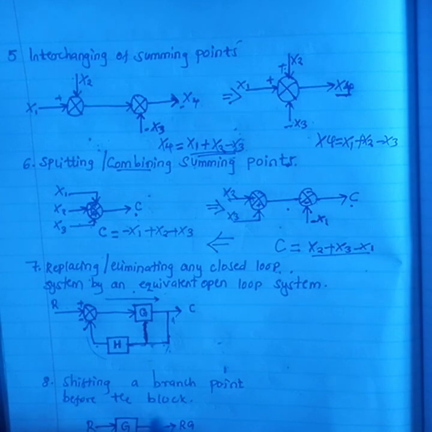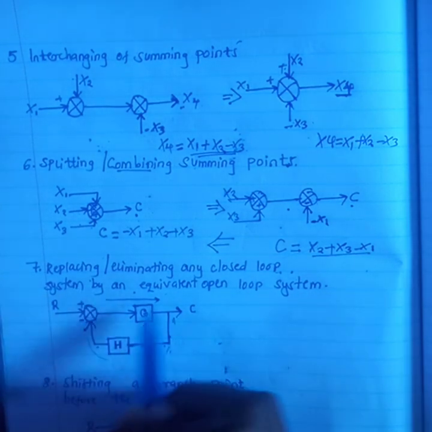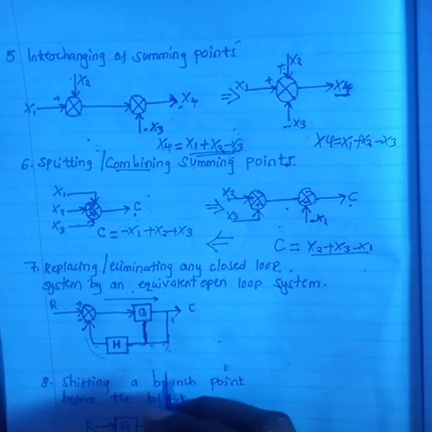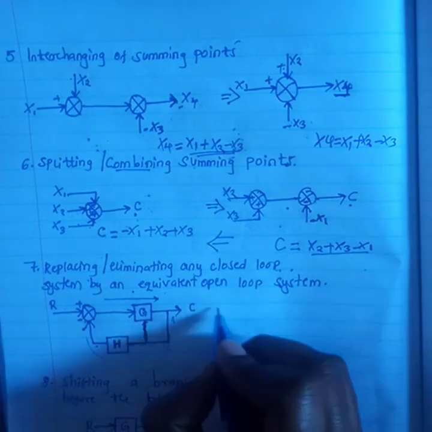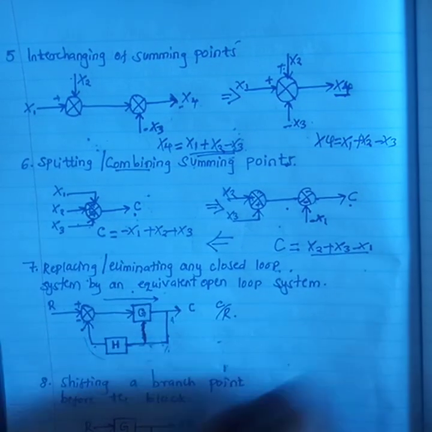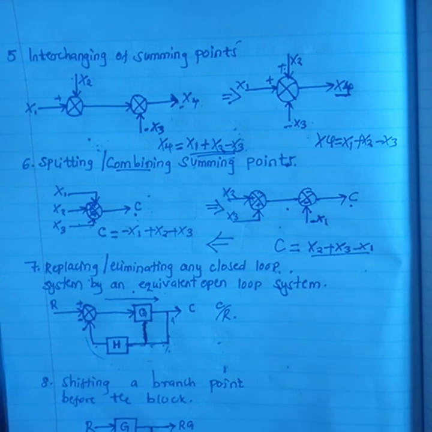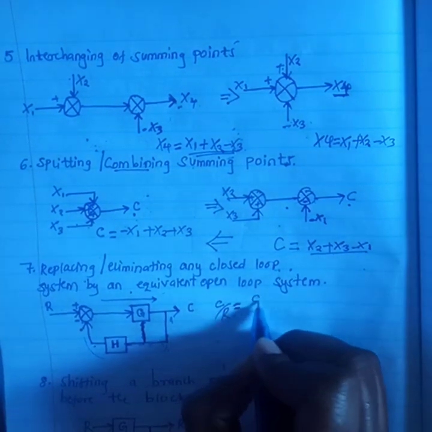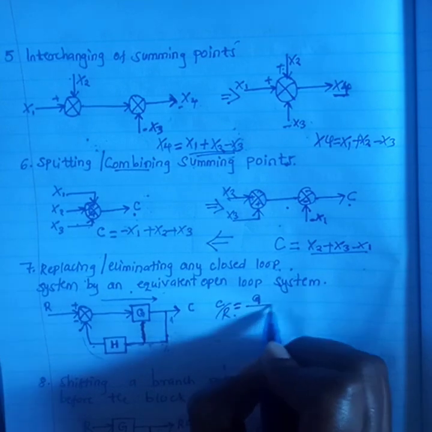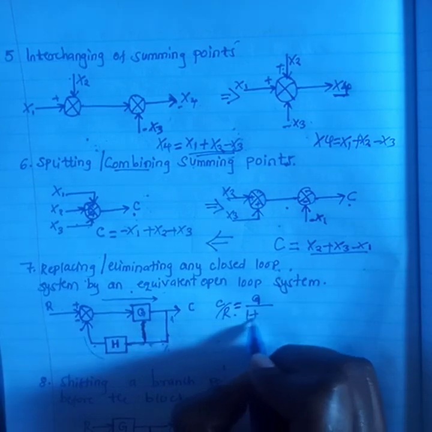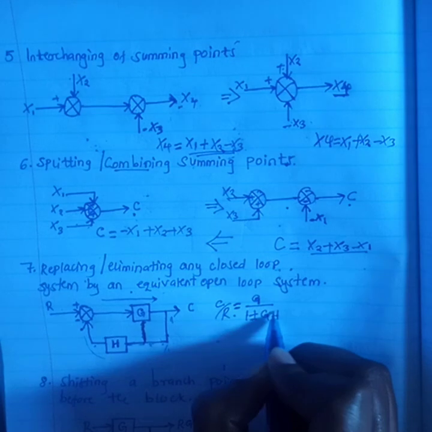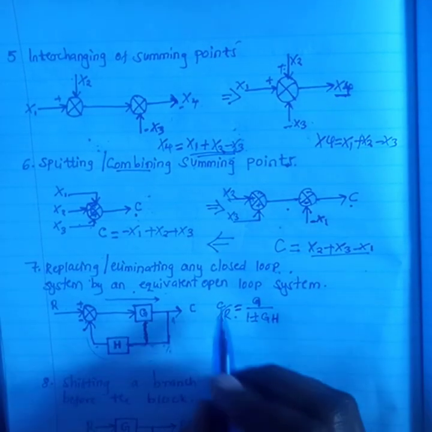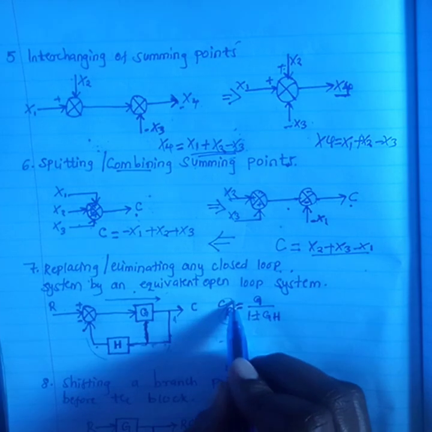Then for us to replace this one with an equivalent open loop system, we need to calculate something we call the control ratio C over R. This control ratio is always G, which is our forward block, over 1 plus or minus G times the feedback element. We have that. This is our control ratio C over R.